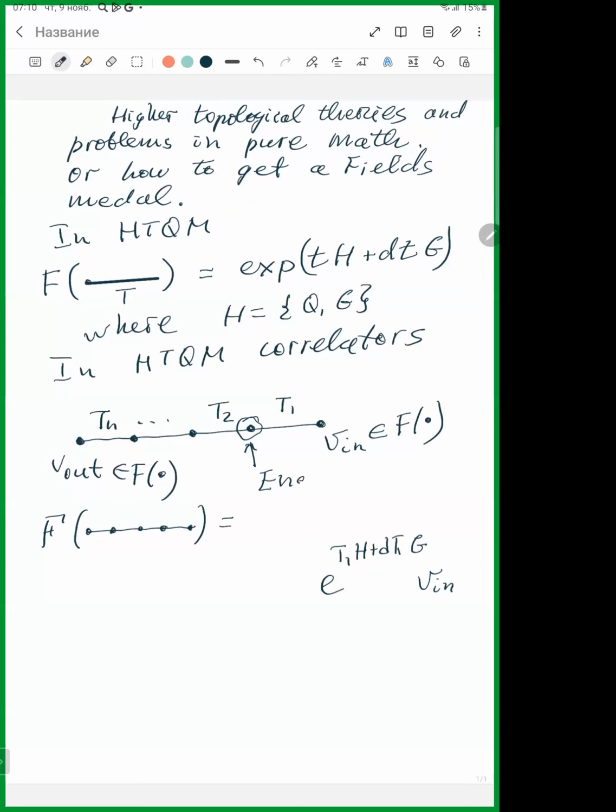An identity operator? No, an element. So here I have observable, O1, that belongs to endomorphisms of the space V. And that's why here I write O1.